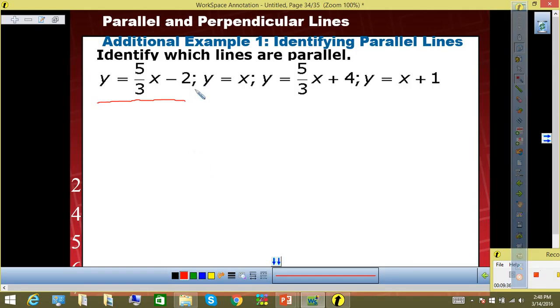Semicolon. Second equation, y equals x. Semicolon. y equals 5/3 x plus 4. Semicolon. And the last one is y equals x plus 1.